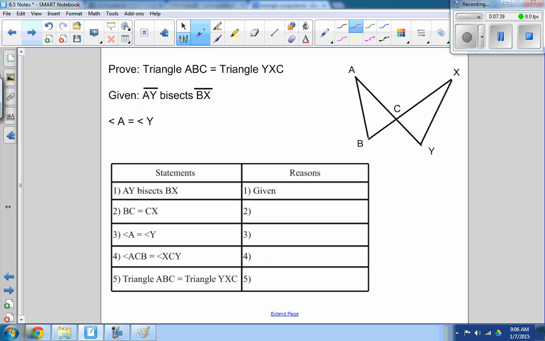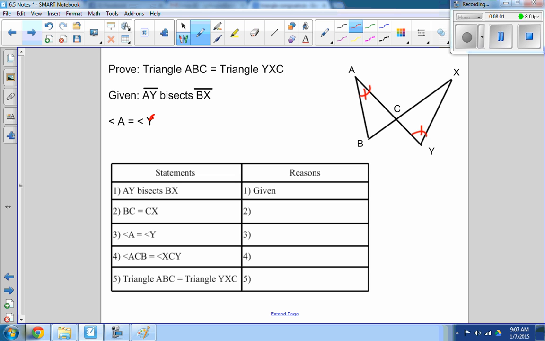Let's do another two-column proof. So we're trying to prove triangle ABC is equal to triangle YXC. We're given AY bisects BX, and we're also told angle A is congruent to angle Y. That's the typo.